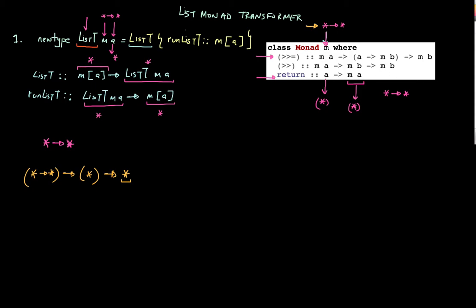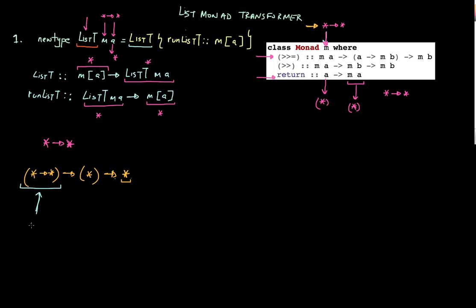And it's quite obvious that this entire thing must be partially applied. I must apply this entire piece over here, so that when this entire piece gets applied, what is remaining is from a star to a star, which is going to match the kind signature for my M.